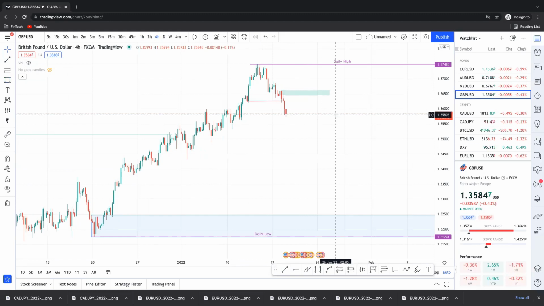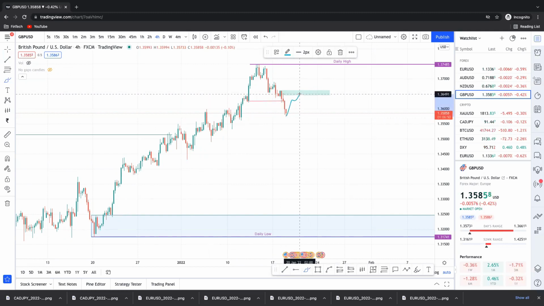Okay, so you can either look for a sell, you can look for lower time frame confirmation on 1 to 5 minute and take it to this level, or if this order block is violated, like let's say it's violated like this, and then you can look for the buy.